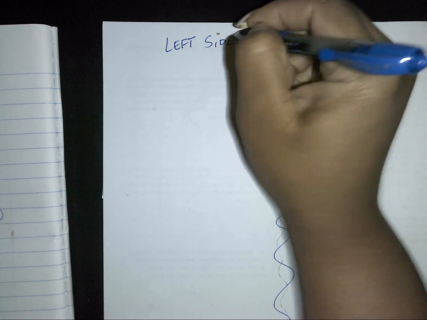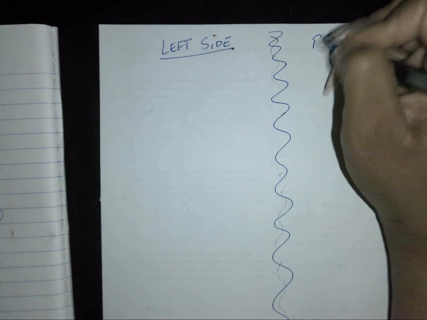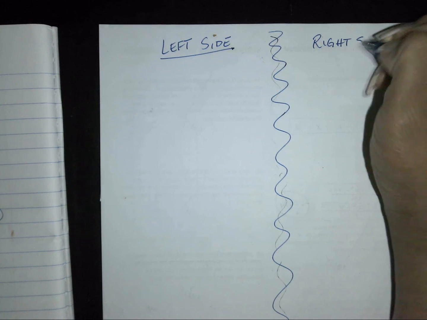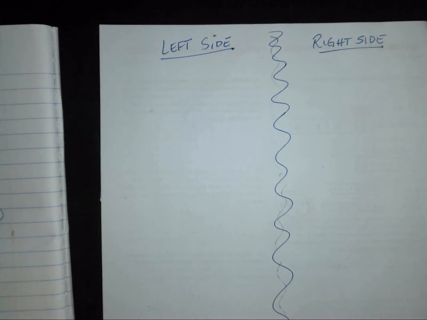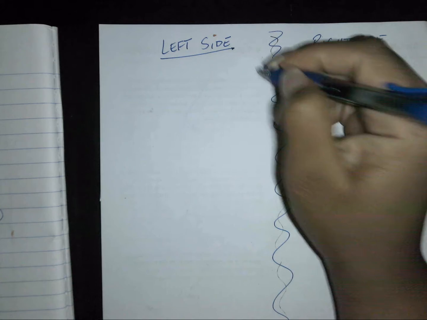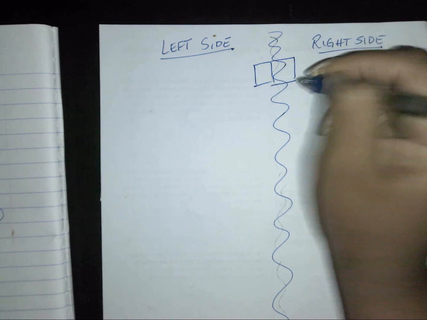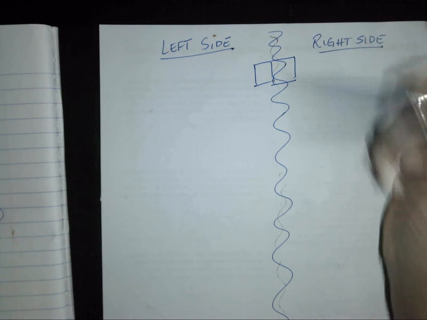So now, if you are on the left side of the classroom, you are going to do the problems on the left side. If you are on the right side of the classroom, you are going to do these problems. The desks at this present moment should be grouped by twos.